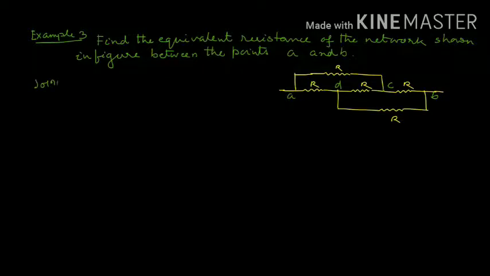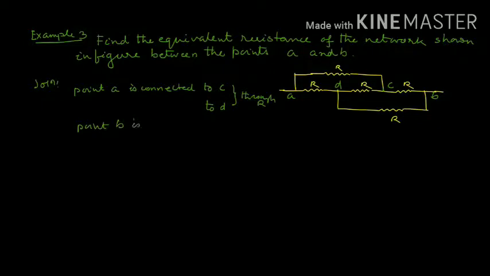Now point A is connected to C through R, and also connected to D through another resistor R. And point B is connected to C through R and also to D through R. And C and D are connected through a resistor.